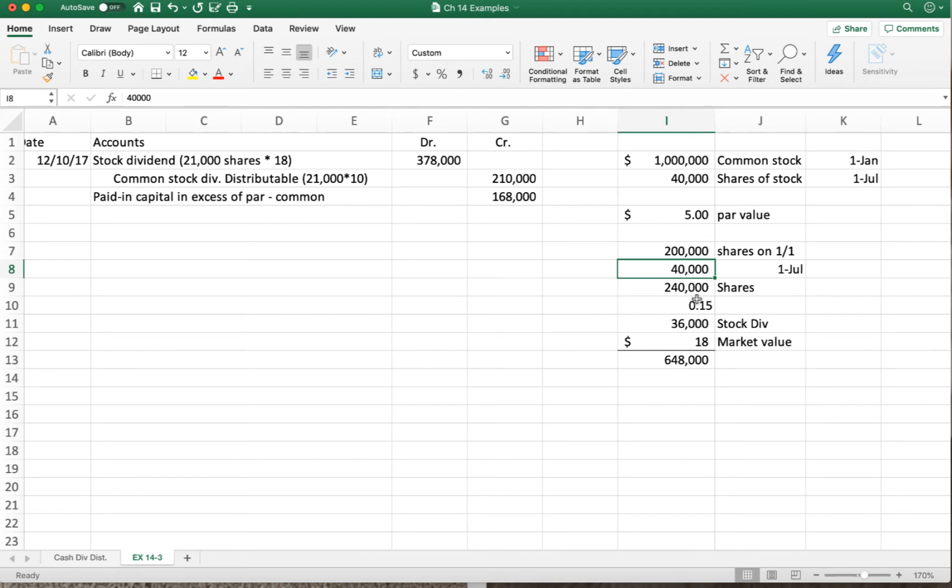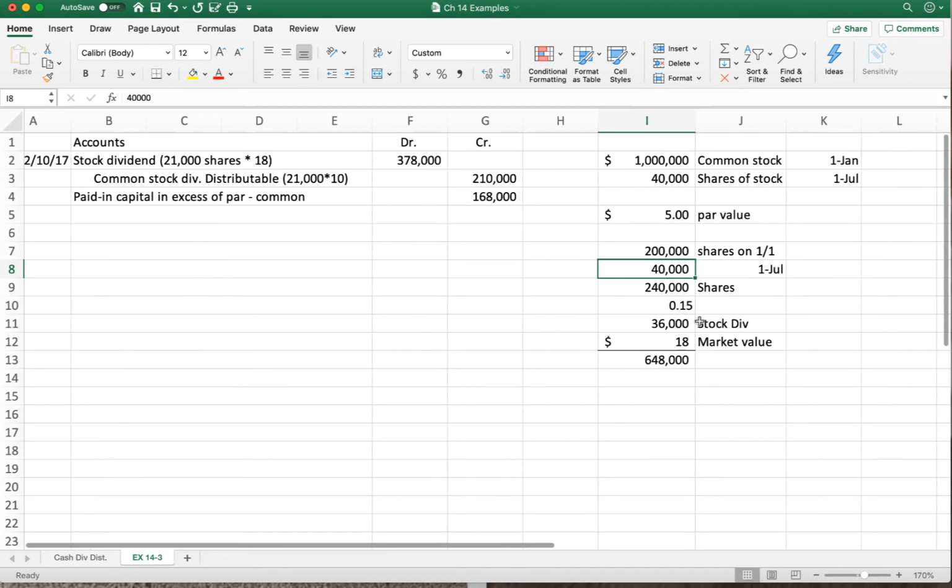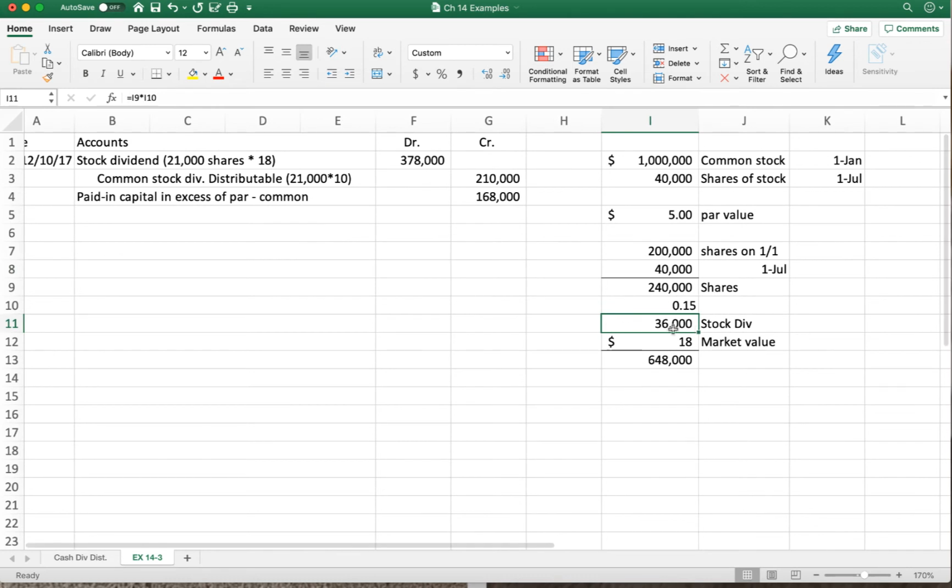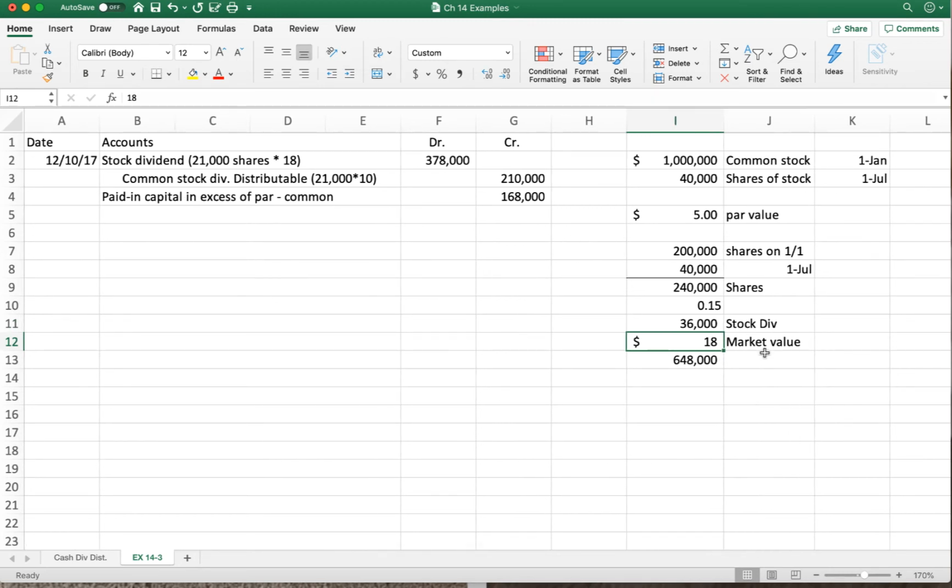We're still paying 15% stock dividend. So we see that the stock dividend number of shares is 36,000 shares. But in Part B, the market value is not $18 anymore. We changed it to what? 20. So we have all our numbers. Now all we need to do is do the journal entry, right?